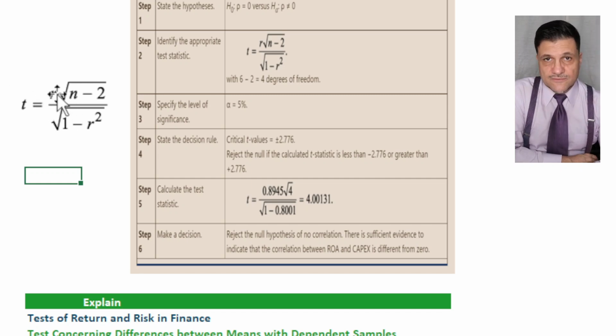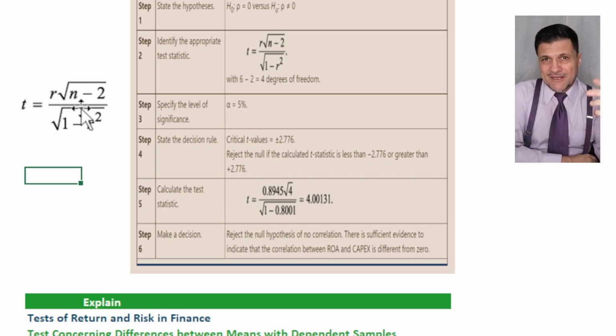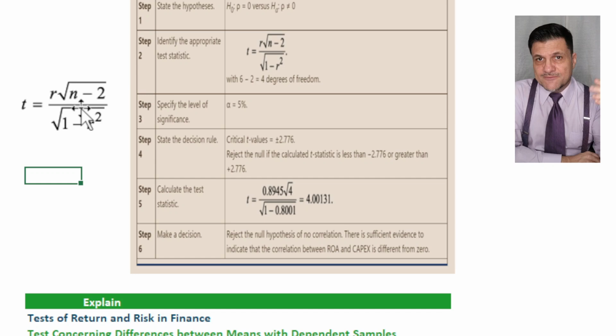You need the correlation that you want to test. Okay, remember, you want to test if the correlation is different than 0. Then you got a correlation, but again, in statistics, that correlation could be 0.99999, almost 1, almost perfect correlation, and you're still going to have to test. Okay, just imagine that. Yeah, but it's so different than 0. Yes, but if it's a question in the exam, you need to know what to do, right?